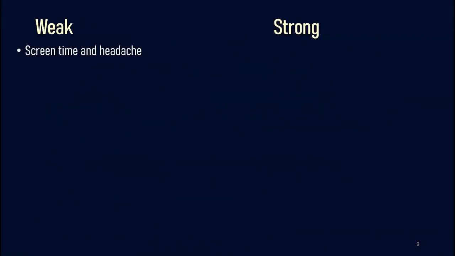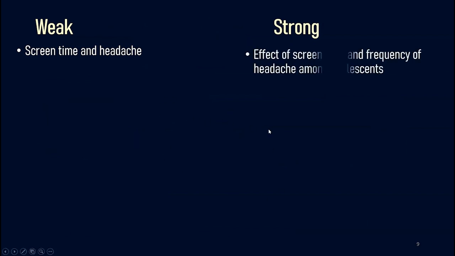Let's do one example. Somebody wants to do a study on screen time and headache, and this is the title they have put. It is a very bland title and doesn't say much about the research topic. But this is a strong title on the same topic: effect of screen time on the frequency of headache among adolescents.